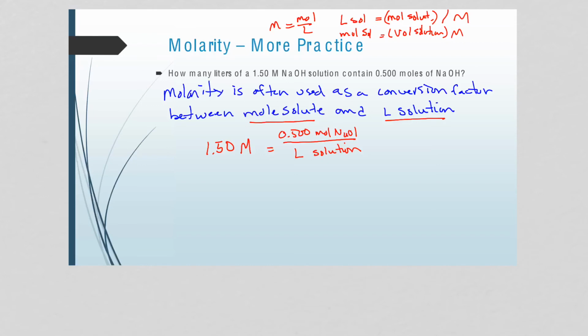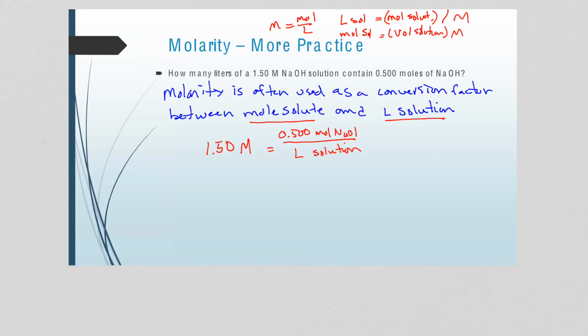Well, if we want to find the liters of solution, if we think about the algebra, I'm going to multiply, bring liters over here, have liters times molarity, but then to get liters by itself, I have to divide by molarity.